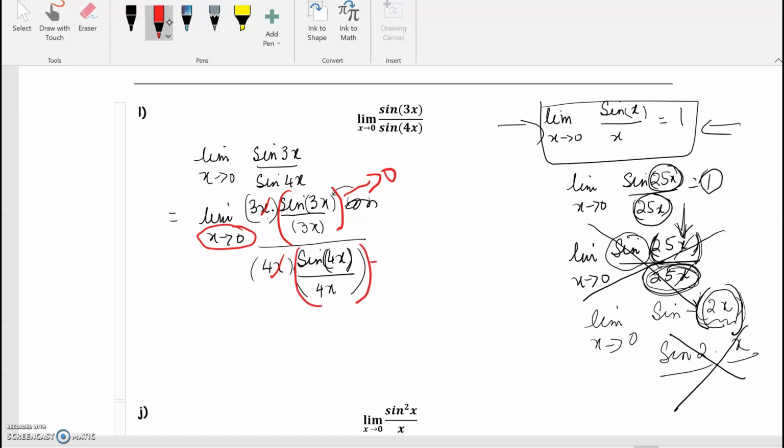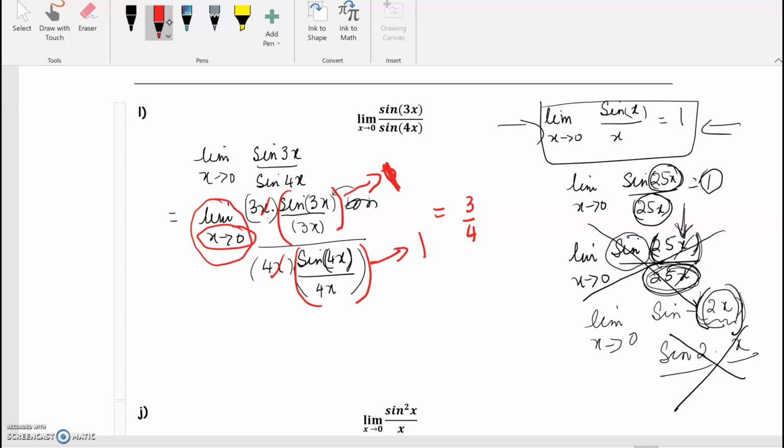This quantity approaches 1 as the limit approaches 0. This quantity approaches 1 as the limit x approaches 0. What are we left with? The 3 in the numerator and the 4 in the denominator. And until you actually apply the limit, keep writing limit as x approaches 0.